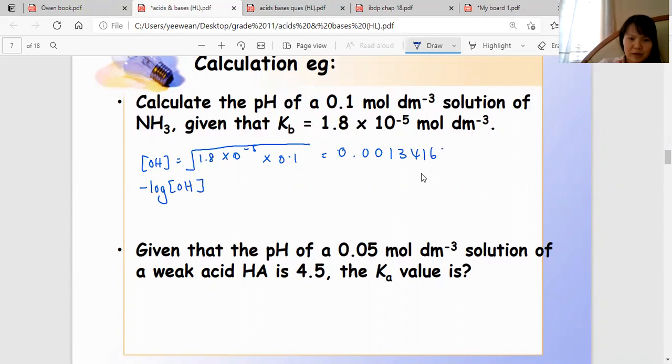That is my pOH. Okay, I got 2.872. Okay, so knowing that pOH plus pH equals 14, I'm going to take 14 minus this. So my pH is 11.1.